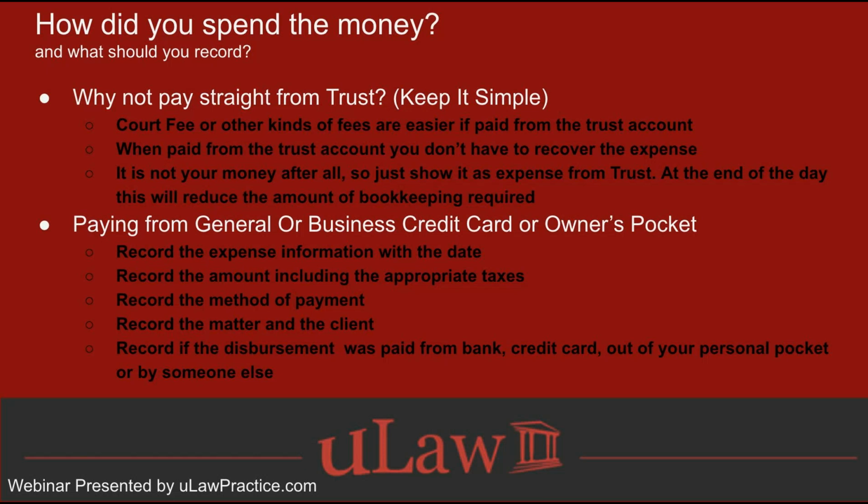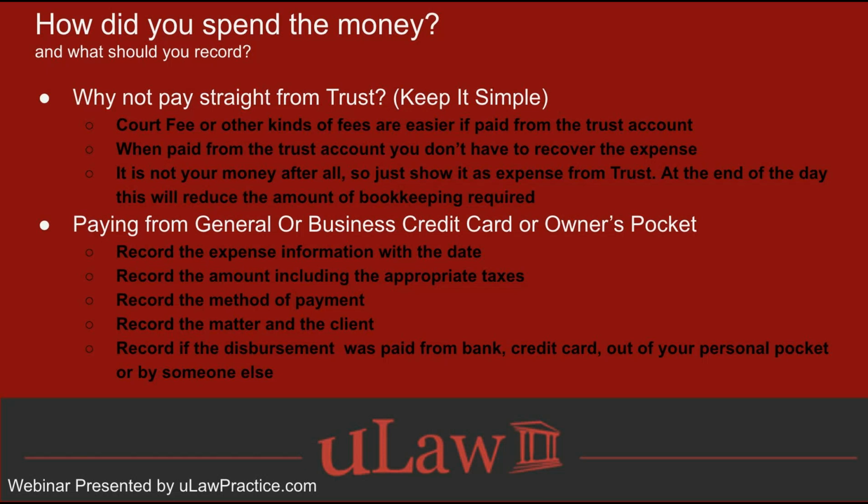You can add a profit margin, you can do whatever you want. You might not have even spent a penny from your general account, but something like your photocopy, office expense, etc. you're going to be doing it this way in terms of recording the expenses with information, date, right?